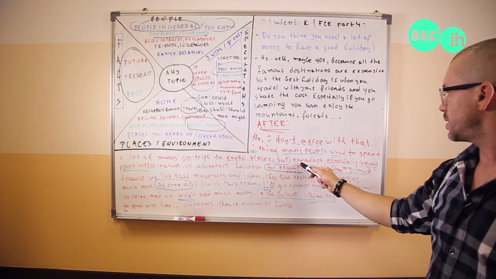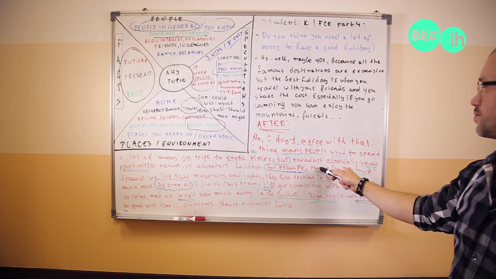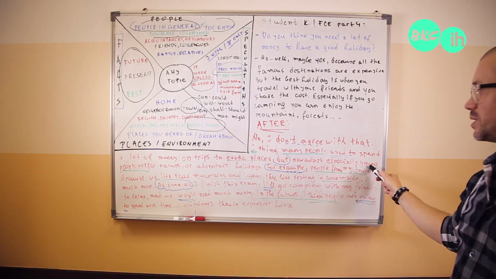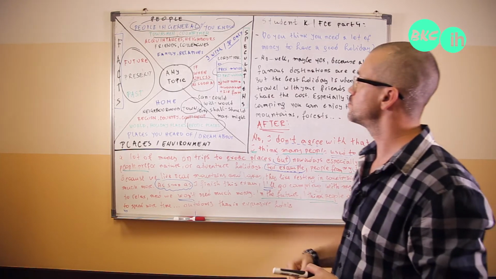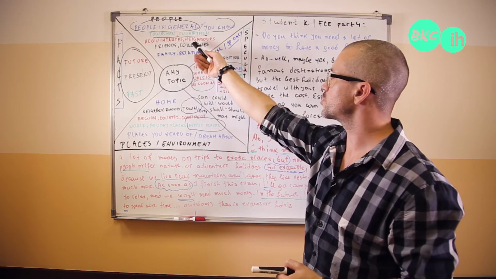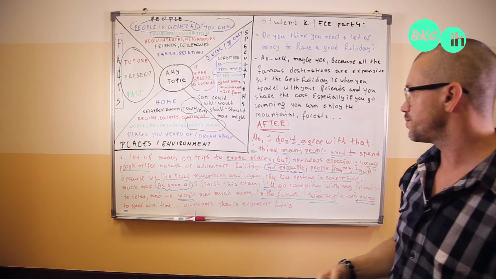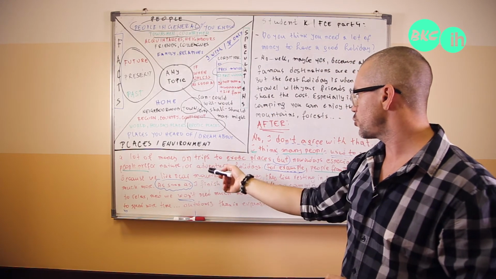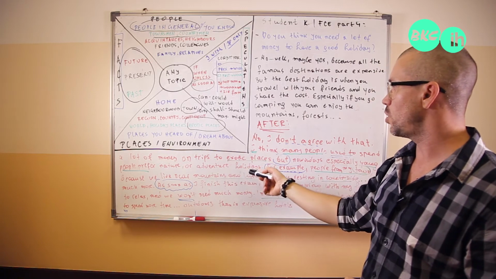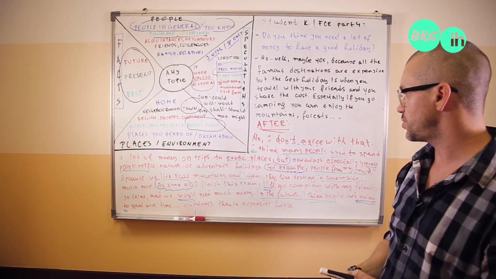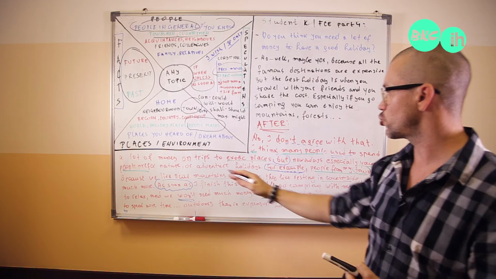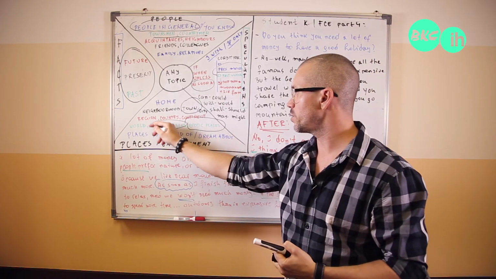But nowadays, especially young people, so he was probably referring to his friends, colleagues, young people prefer nature or adventure holidays. So we can see that he also mentioned different holiday places.